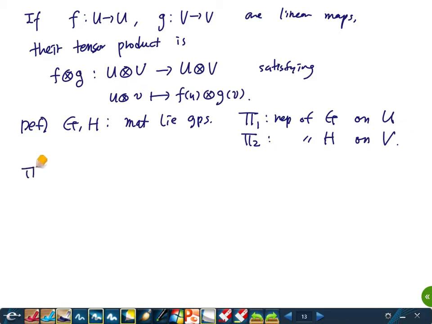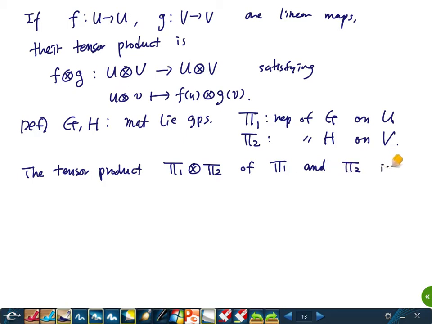Then the tensor product of pi_1 and pi_2, denoted pi_1 tensor pi_2, is a representation of G times H. So, yeah, if you have two groups, you can compute this direct product, G times H. So it's a representation of this new, bigger group, acting on the tensor product of U and V.